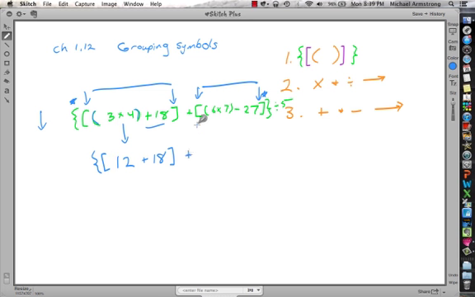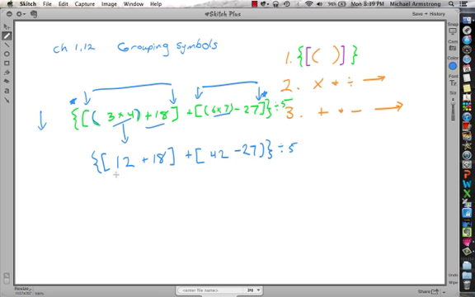Now I've got another parenthesis, and the parenthesis has to be done first. 6 times 7 is 42. And now that I've got the answer to that, I no longer need the parenthesis, so I'm going to subtract 27. But I still have the brace, and I still have the ellipse, and I still have the divided by 5. See, everything has come down, and I've simplified one piece here and one piece here.